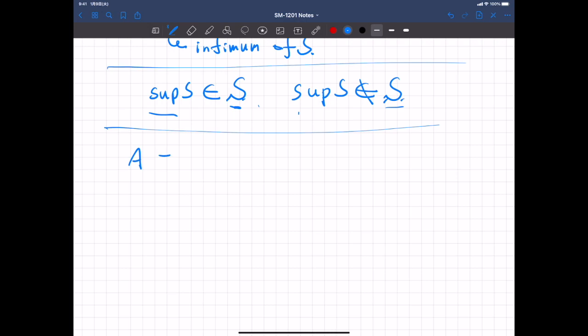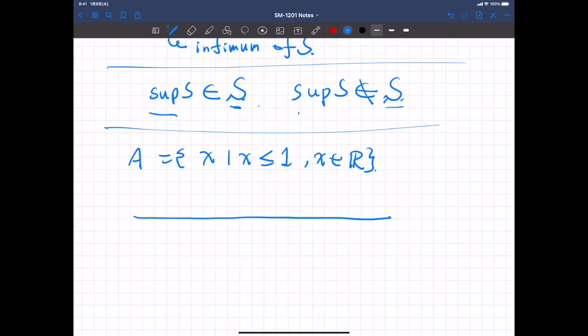Again, let's say A is a set of real numbers x that is less than or equal to 1. Okay, let's visualize this on the number line. So 1. So this set A is all these numbers less than or equal to 1, okay, including 1.